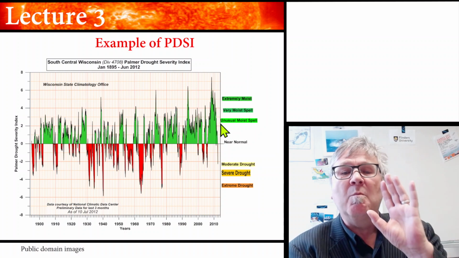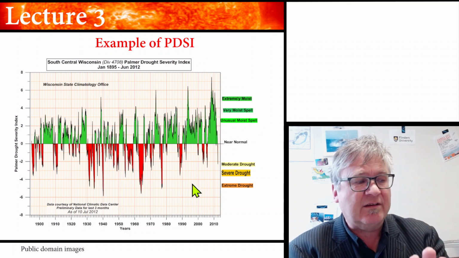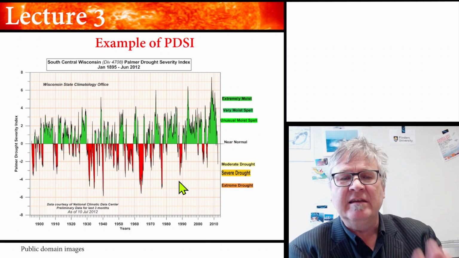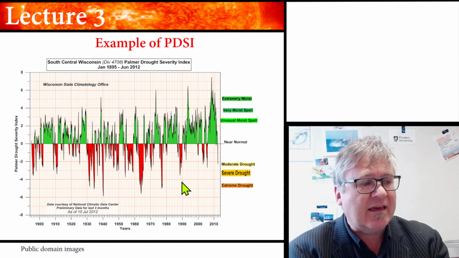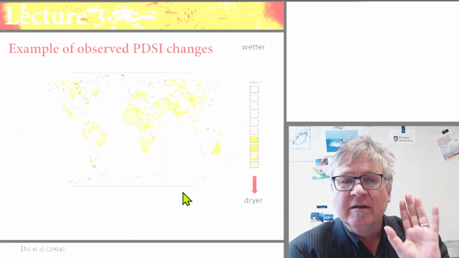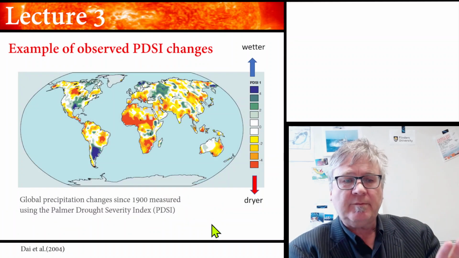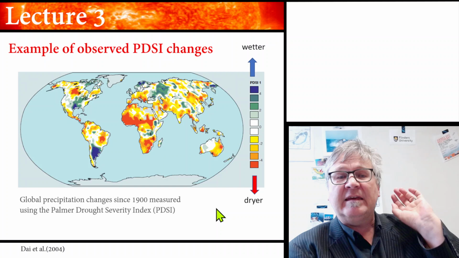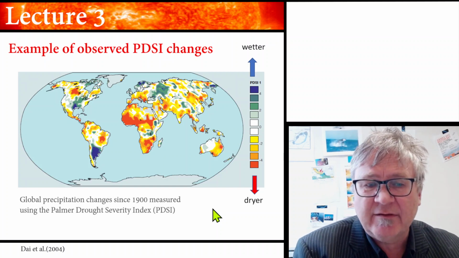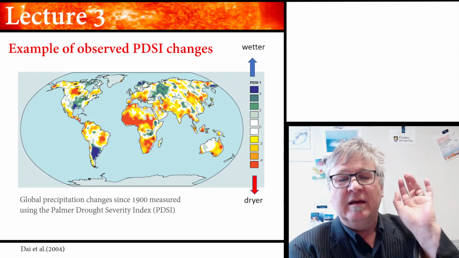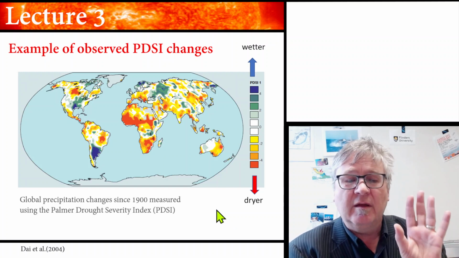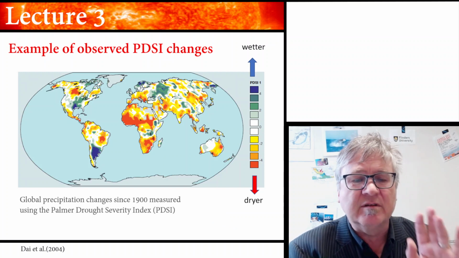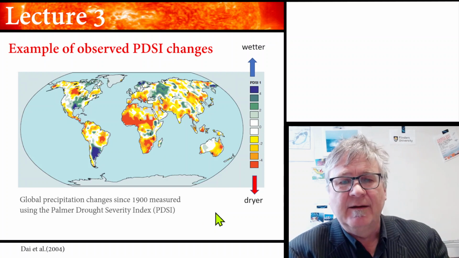And I have a little bit more information on that. It's actually how this index has changed over the last decades. So let's have a look at that information. Okay, it's the changes of this index since 1900 using this Palmer Drought Severity Index.